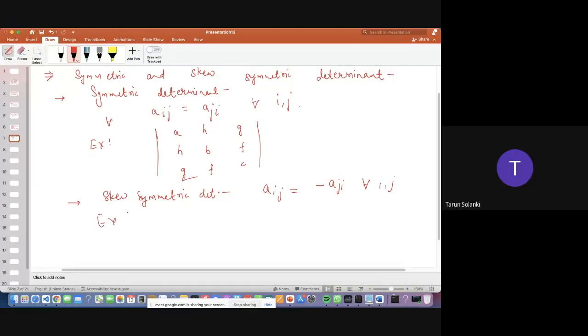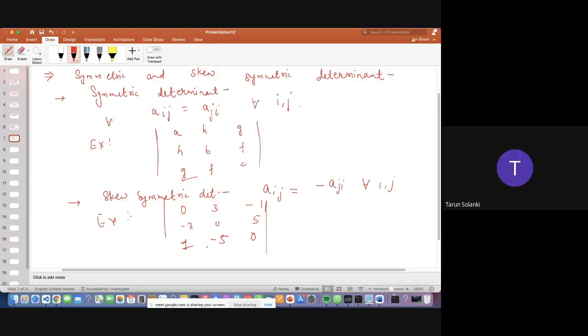Let's look at one example: 0, 3, minus 1, then minus 3, 0, 5, then 1, minus 5, 0. The diagonal elements are 0, and for the others the sign should be changed. So every diagonal element of a skew symmetric determinant is always 0.